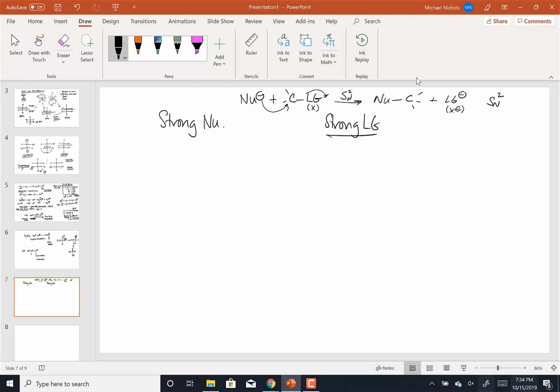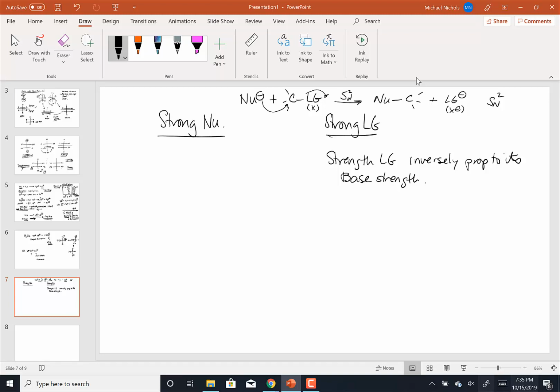Okay, let's start with leaving groups, because leaving groups are easy. The strength of a leaving group is inversely proportional to its base strength. So the strength of a leaving group is inversely proportional to its base strength.